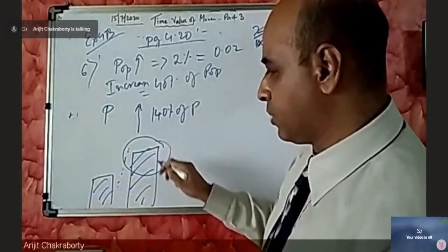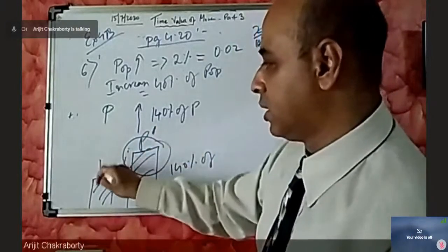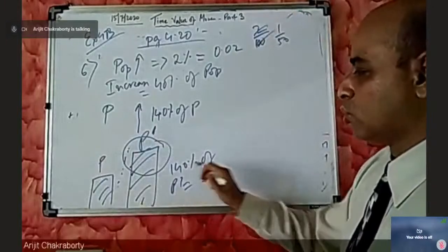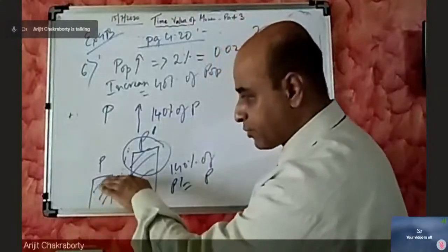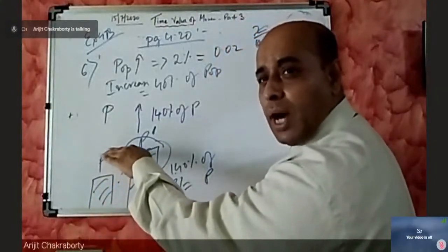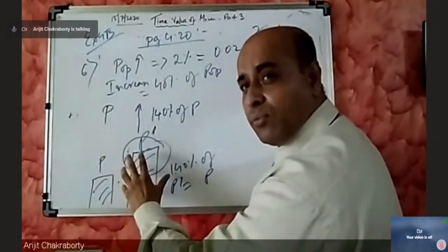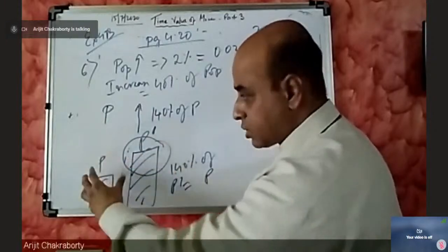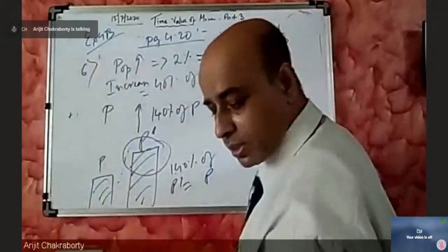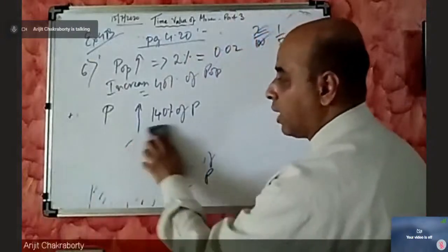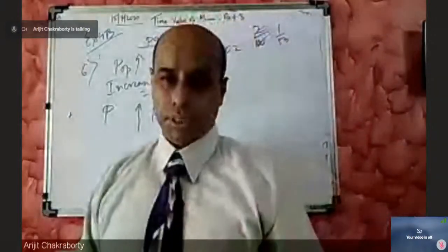So this becomes 140% of this. So this is P dash. So P dash will be equal to 140% of P. The population is this, increases every year by 2%, going up. After how many years will it reach a level where it becomes 140% of the original population? That means it will increase by 40%. Okay. So we know that 140% means what? 1.4 times.